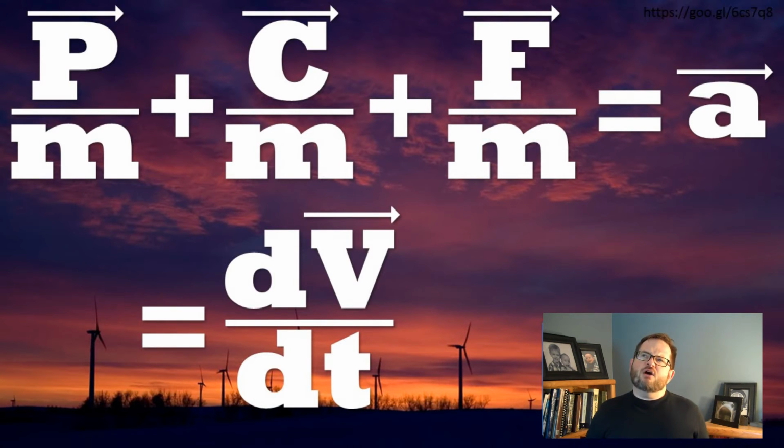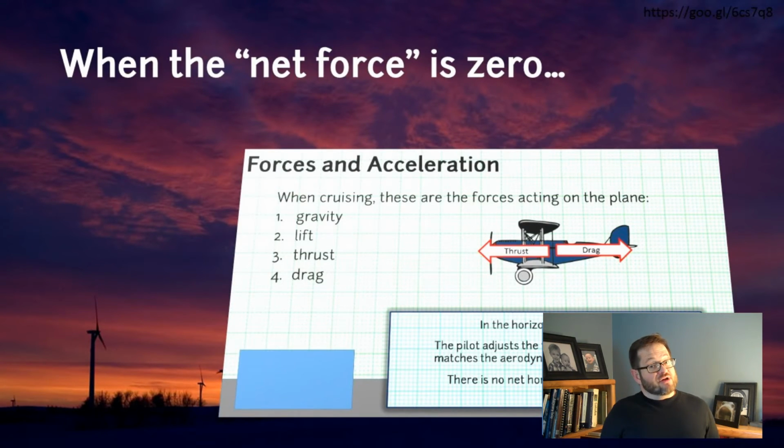Now, in the last module we learned about those forces, but we also started talking about when multiple forces are acting on an object, how they cancel each other out, or how they work in the same direction.